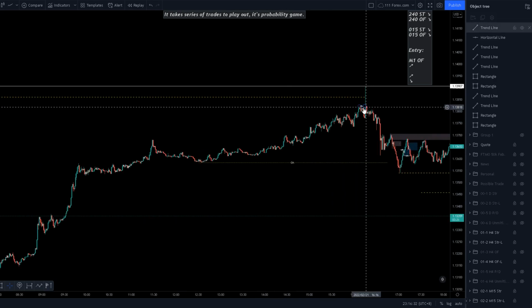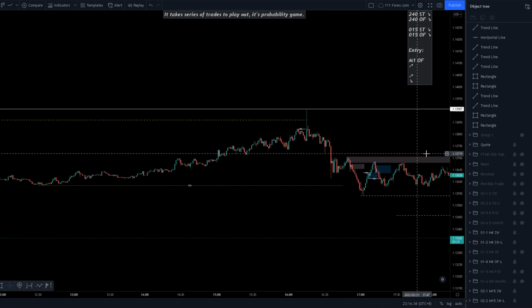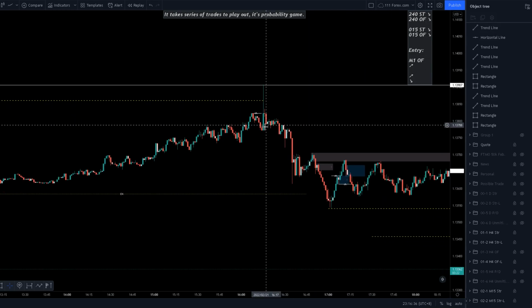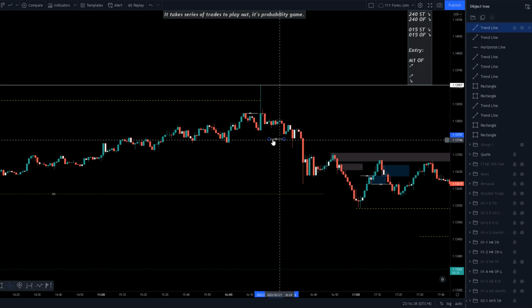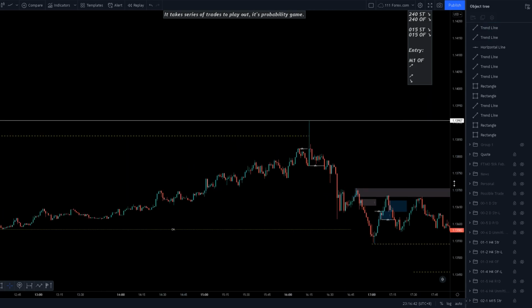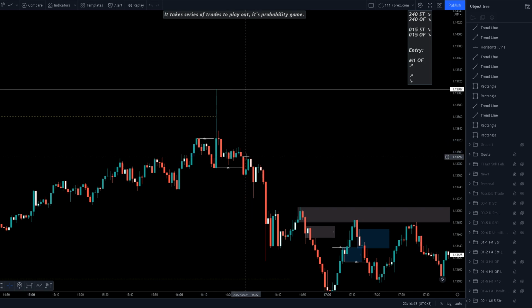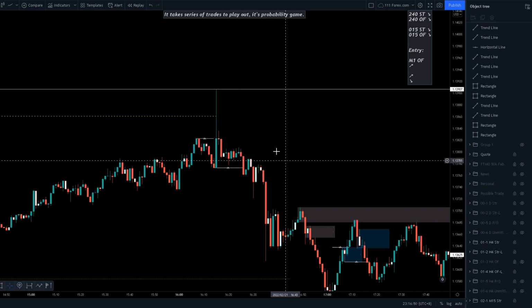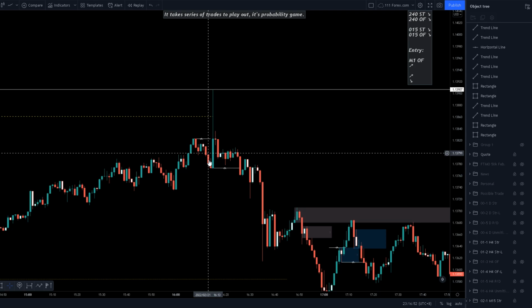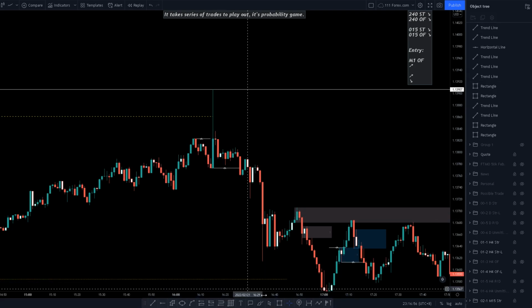Yeah, the one that broke the structure got tapping back, and it tapped into some weird stuff. Buy to sell, buy to sell, sell to buy, and here's the find area.